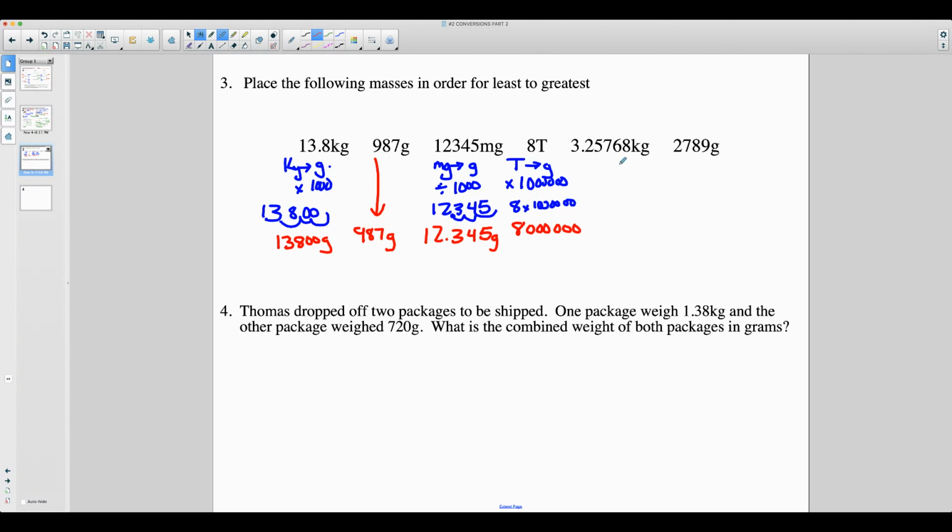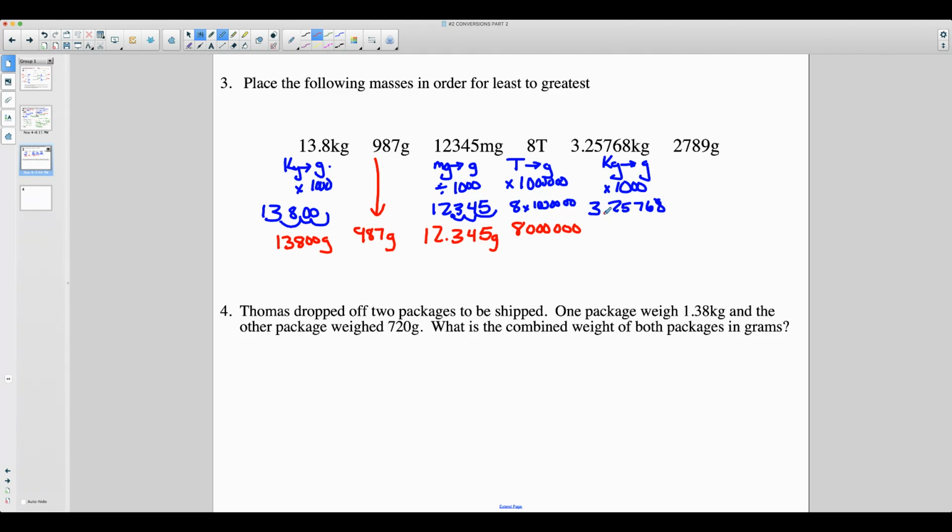This one here, we are going to go down, we're going to multiply by 1,000 here, because kilograms to grams is times 1,000. We know that from our chart. We're only moving one place value, which would be, oops, there we go.